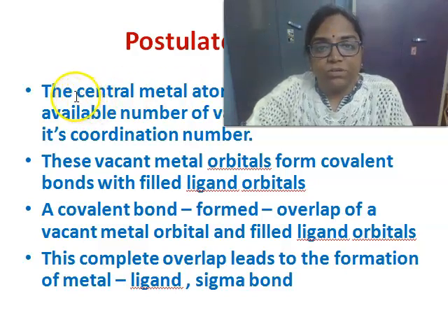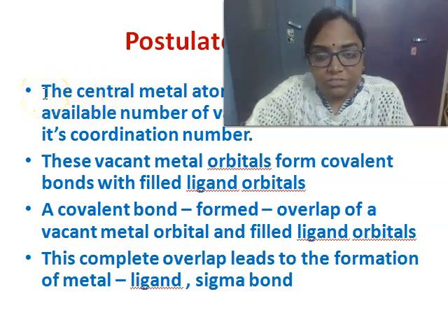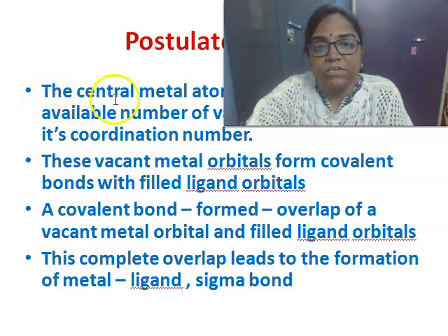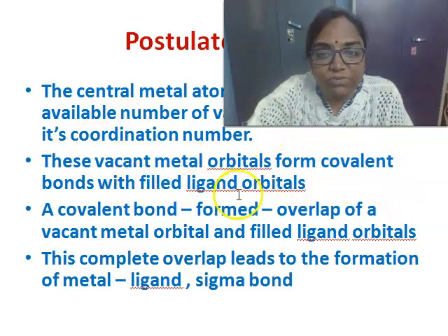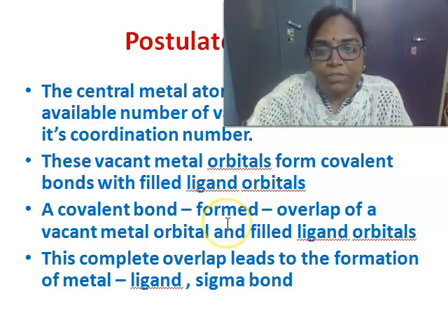The first postulate is that the central metal ion makes available a number of vacant orbitals which should be equal to its coordination number. These vacant metal orbitals should form covalent bonds with the filled ligand orbitals.